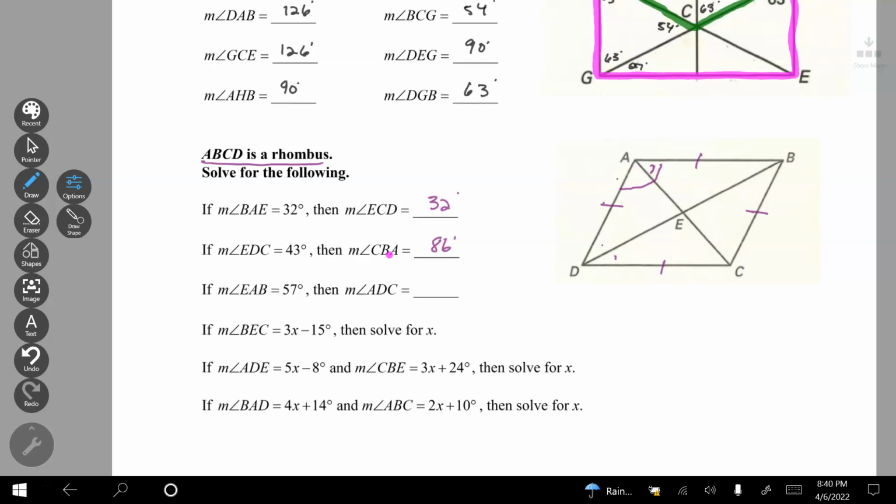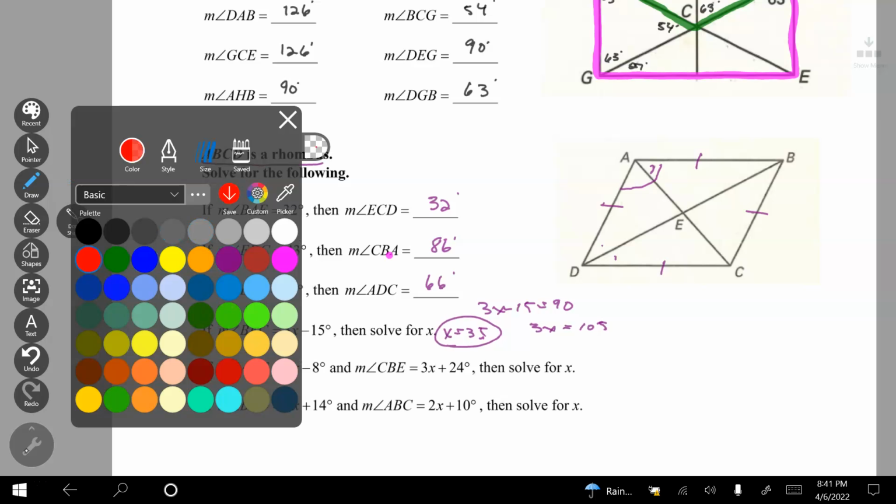And together angle A and angle D have to add up to 180, so that leaves 66 left over for that. And if angle BEC has to equal 15, well, that's a right angle, so I have to do 3x minus 15 equals 90. 3x equals 105. I get x equals 35.